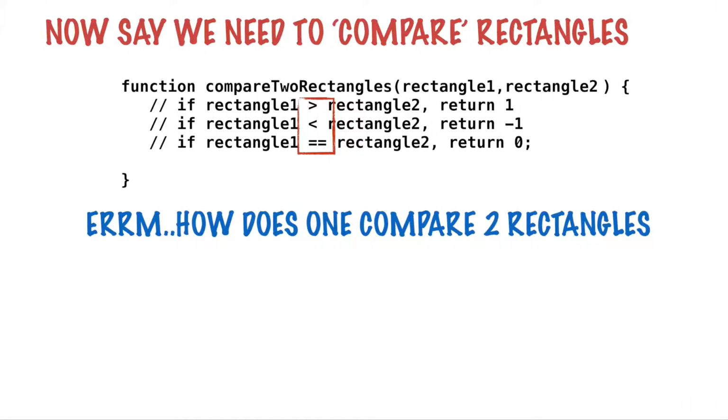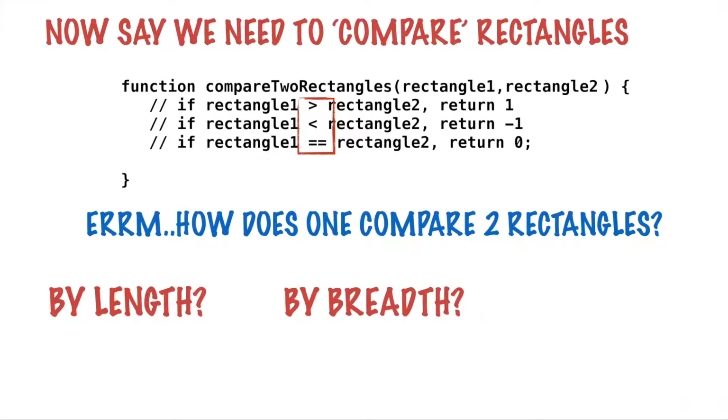The very first question you ought to ask is, how does one compare two rectangles? What does it mean for one rectangle to be greater than, less than, or equal to another? There are three possibilities. You could compare two rectangles by their lengths. You could say if the length of one rectangle is greater than the length of the second rectangle, the first rectangle is greater than the second.